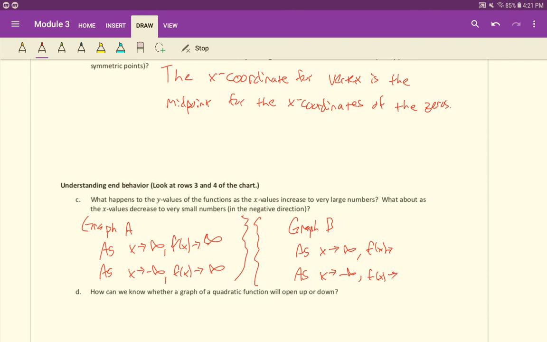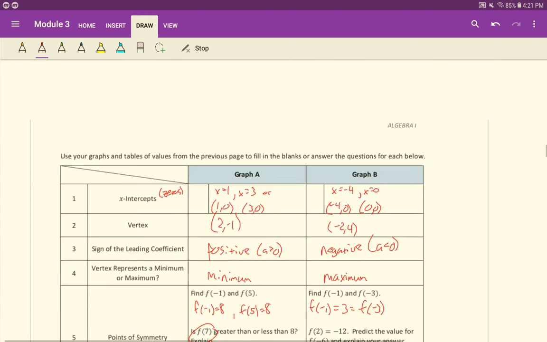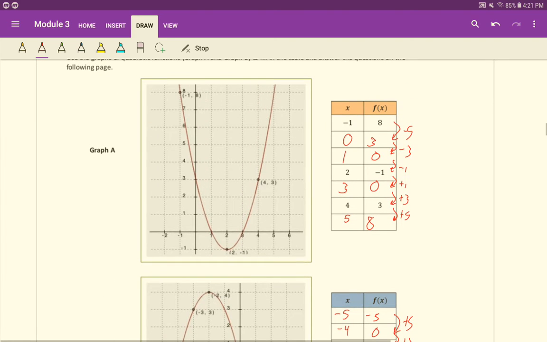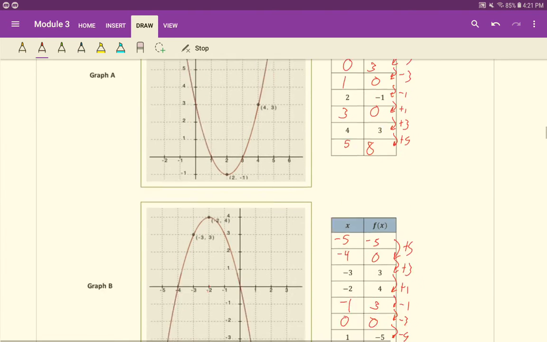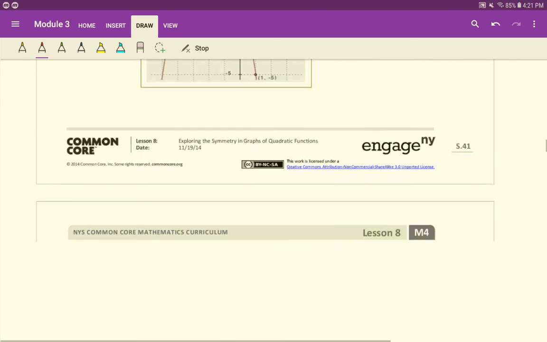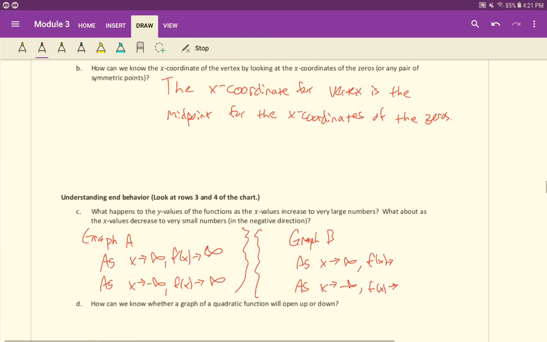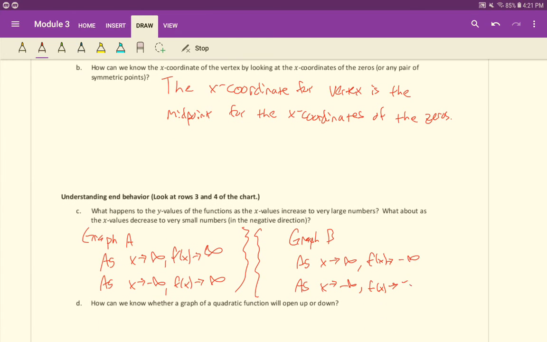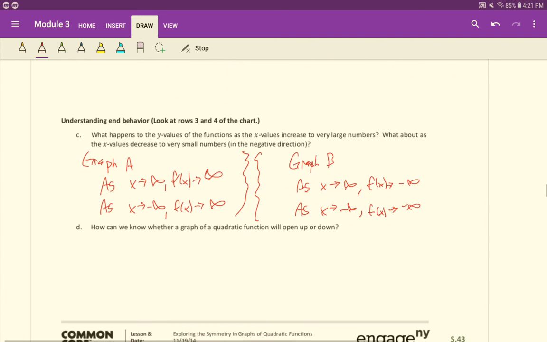What happens to our function values? Well, as we go really far to the right, as x goes to infinity, our function's going down to negative infinity. As we go really, really far to the left, our function's going down to negative infinity as well. So in other words, both go to negative infinity. Okay? How can you know whether the graph of a quadratic function will open up or down? That's the lead coefficient.